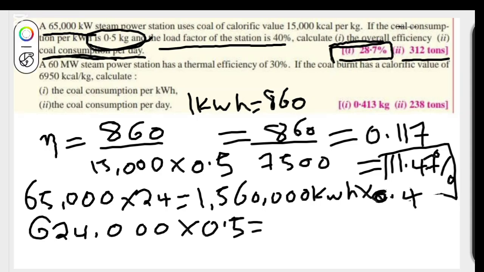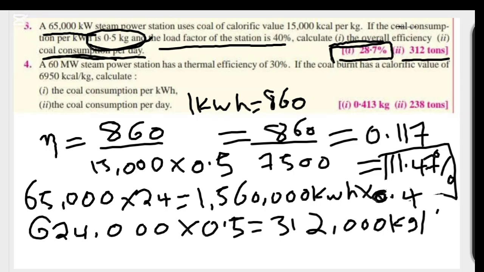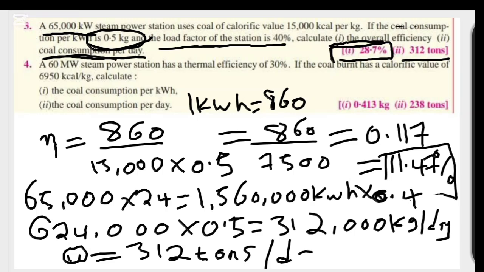So after then, I'll get 312,000 kg per day. So therefore my answer will now be equal to 312 approximately, which is kg. It is the same thing as tons. So I will now say tons per day.